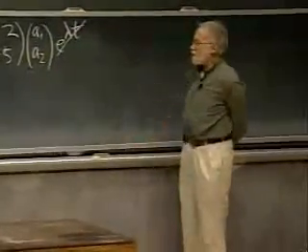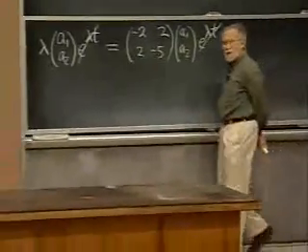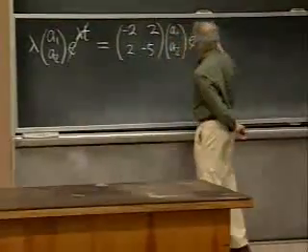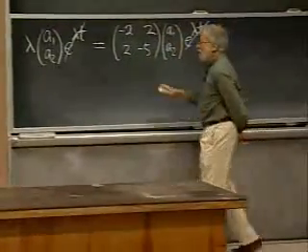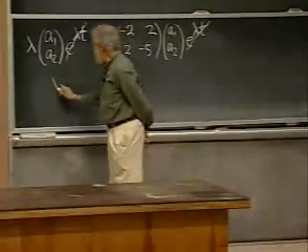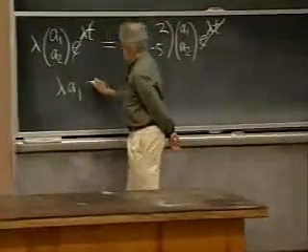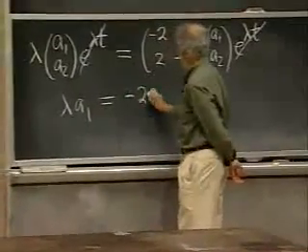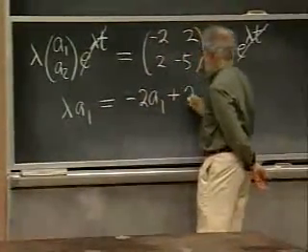Okay, so let's solve this system of equations. Now, the whole problem with solving this system, first of all, what is the system? Let's write it out explicitly. Well, it's really two equations, isn't it? The first one says lambda a1 is equal to negative 2a1 plus 2a2.